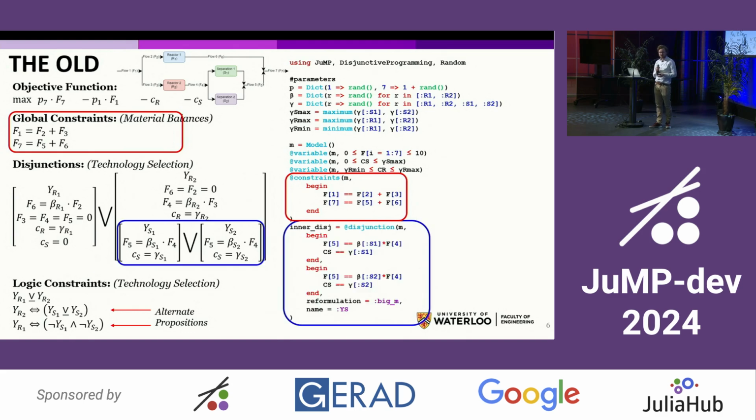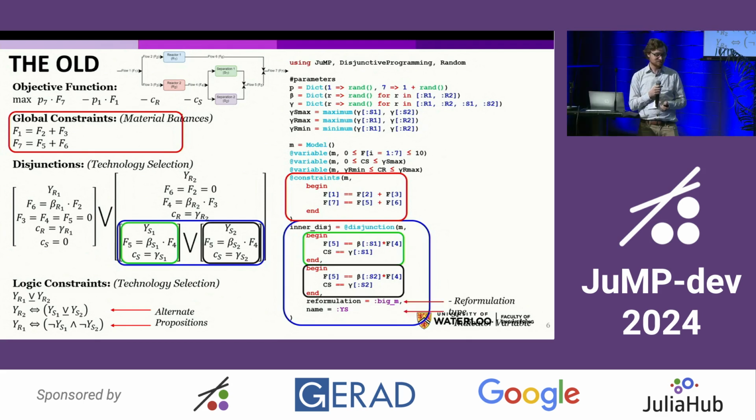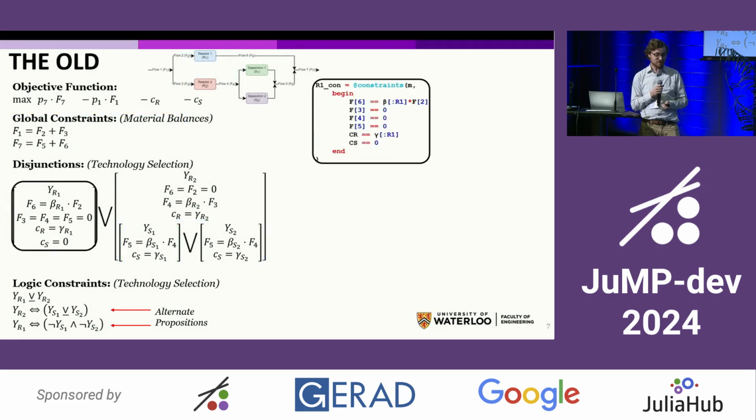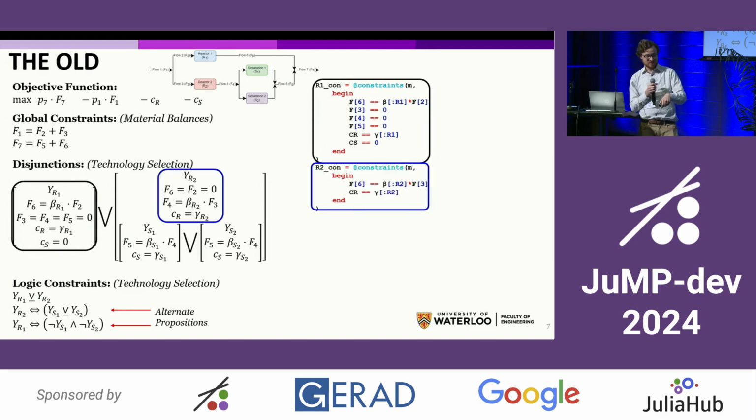Then we get into what was the disjunction macro. You have these constraints inside of it, and you can specify the reformulation and some naming conventions with nested disjunctions in there. Then we can keep going to define the rest of this problem. We define the other disjunction in a slightly different syntax.